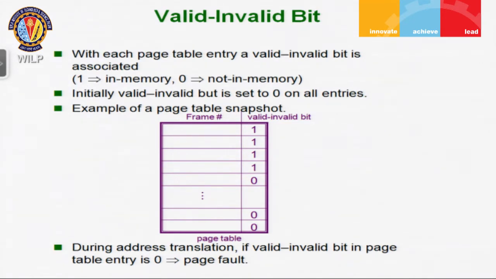This situation we call a page fault. So we say that during address translation, if the valid-invalid bit in a page table entry is 0, then a page fault is going to occur.